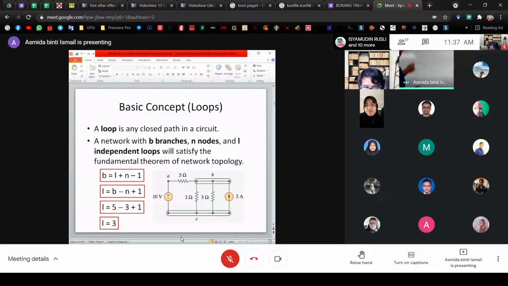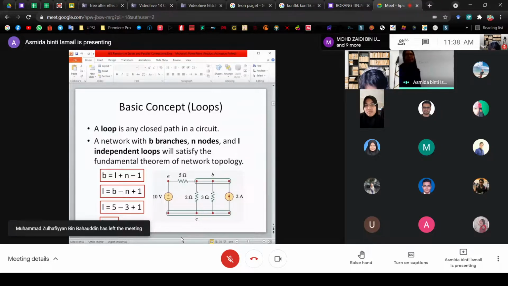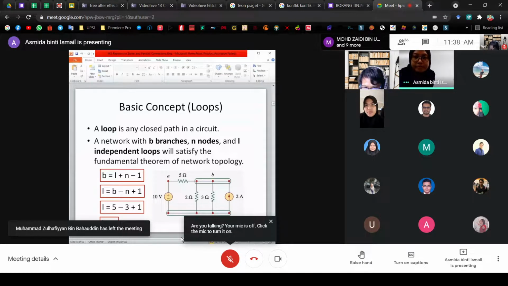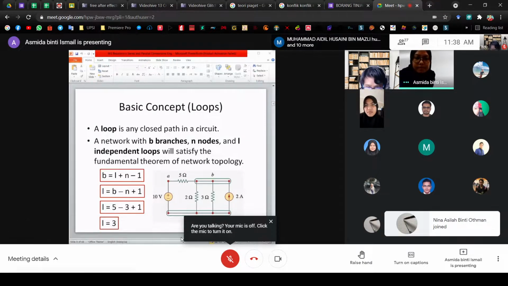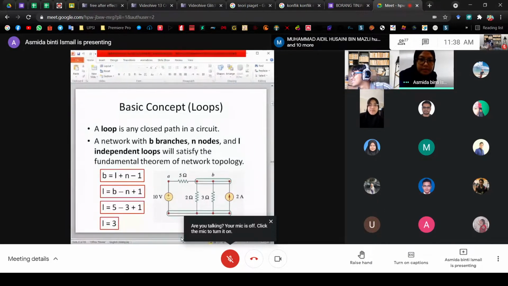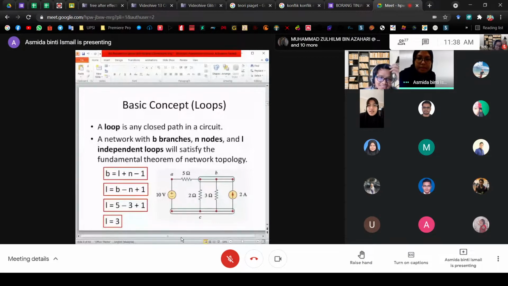Okay. So if you want to use this equation for this circuit, B is the branches.